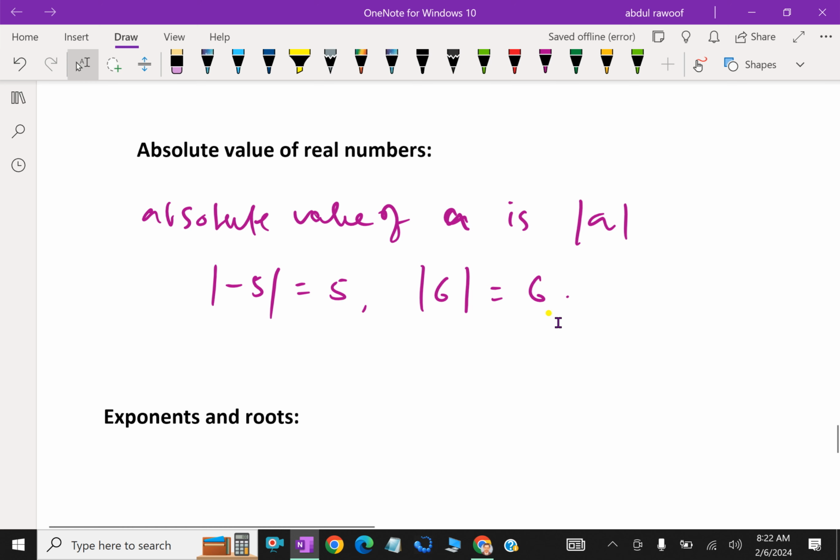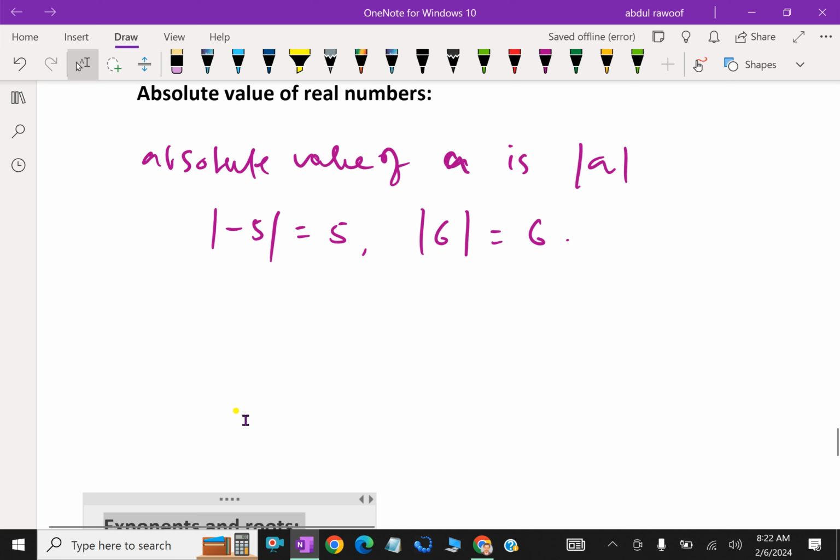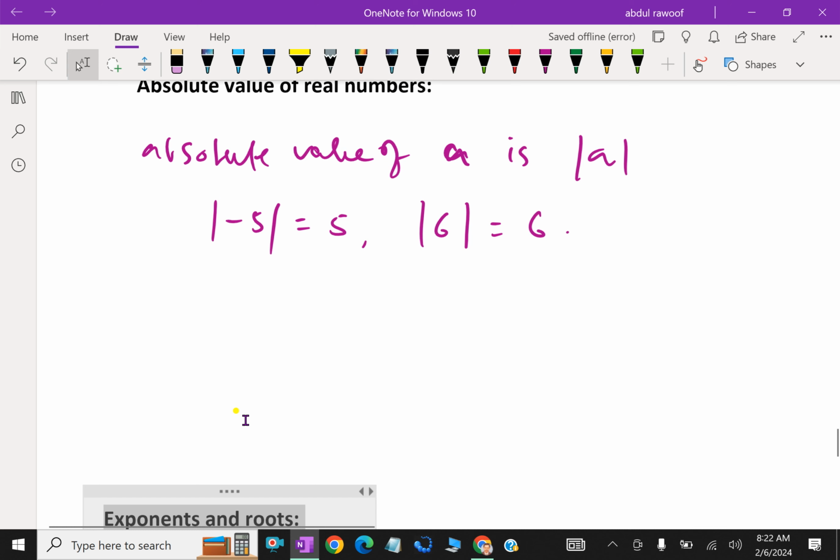The absolute value also has some rules. Look here.